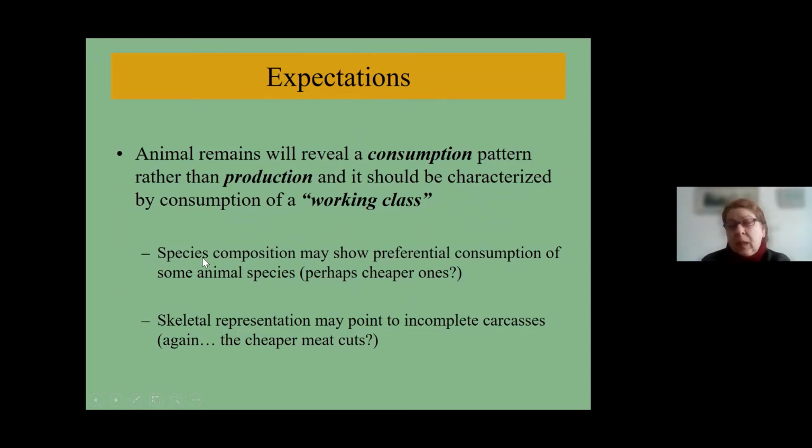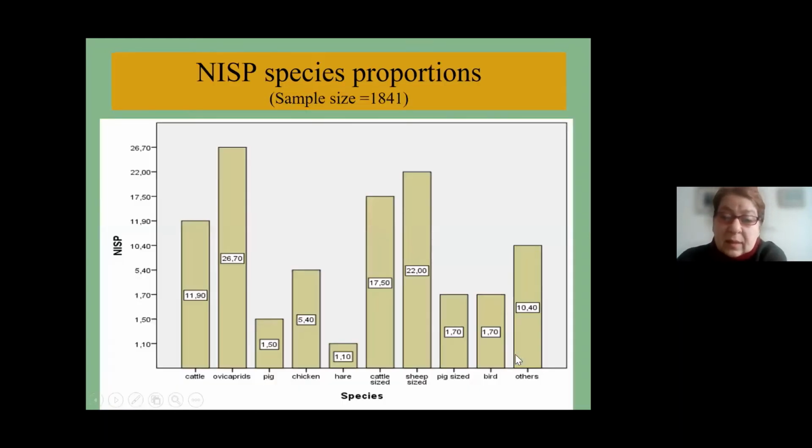Maybe I will look again at the species proportions, try to see if there is a preference for certain species, and at the skeletal representation, thinking that we probably do not have complete animals. Somebody brings food to them to eat, or they buy it from a market. So maybe some parts of the animals will be more favored than others.